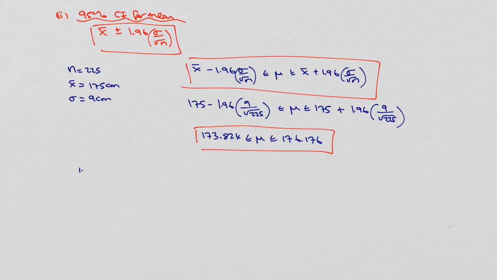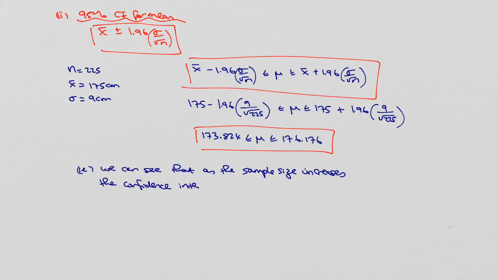What we can see is that as the sample size increases, the confidence interval decreases, as the standard error of the mean is going to decrease, because you've got a bigger sample, so your error is going to be much smaller.